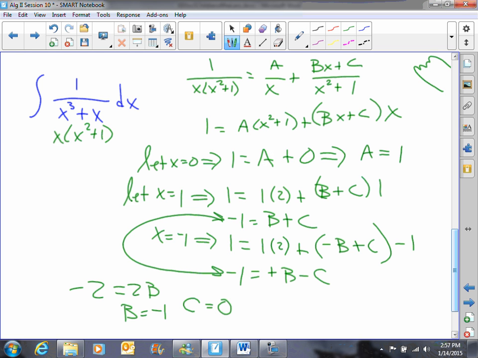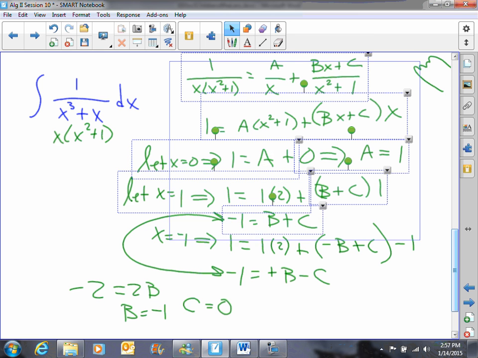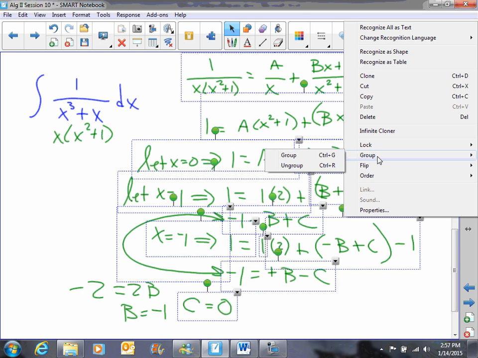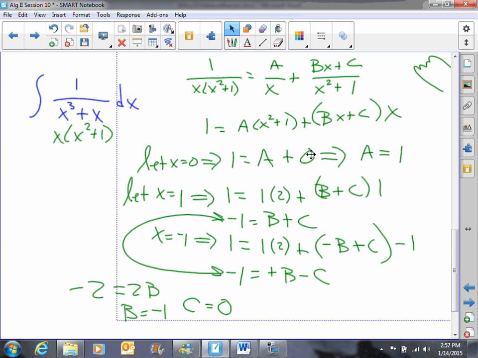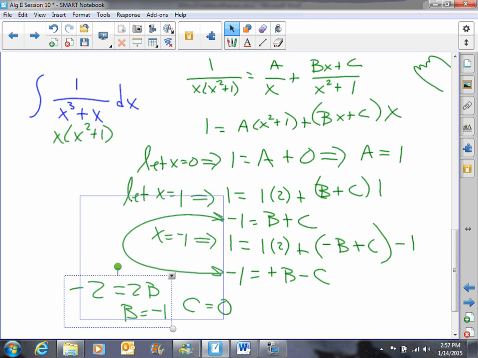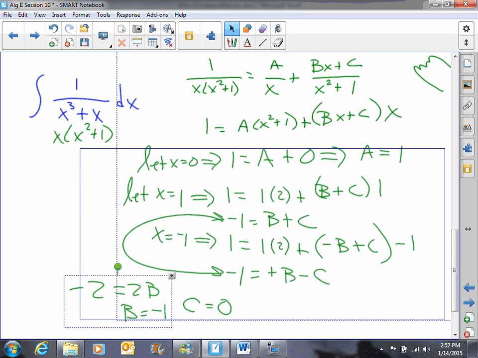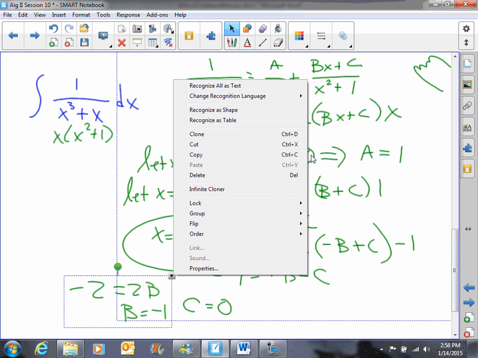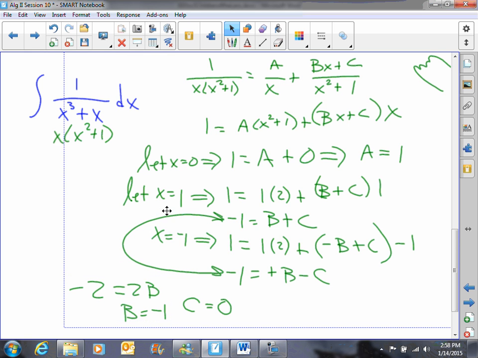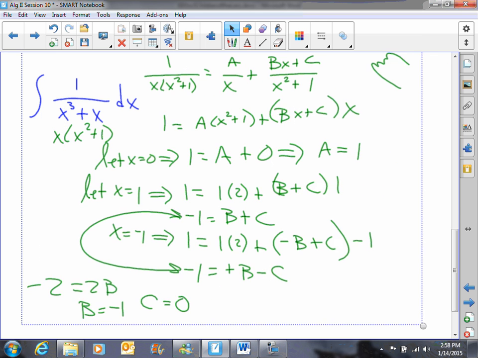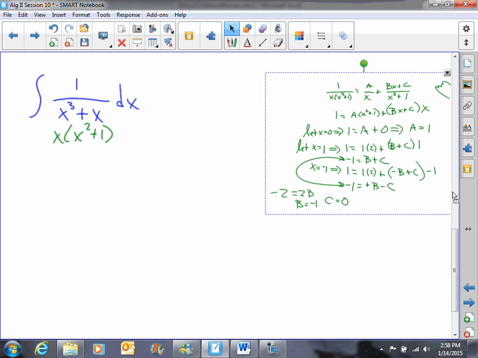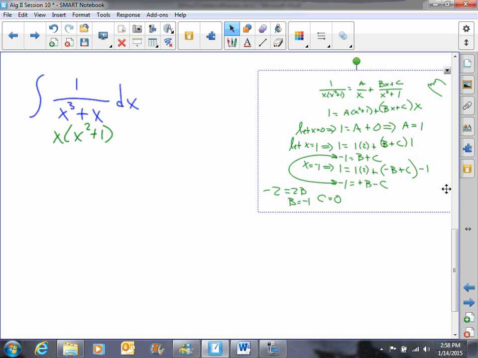All right, so now, got a lot of minimizing to do here again. We have, what do we have?